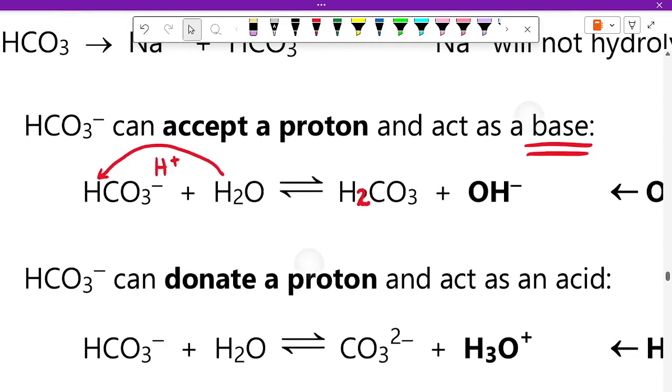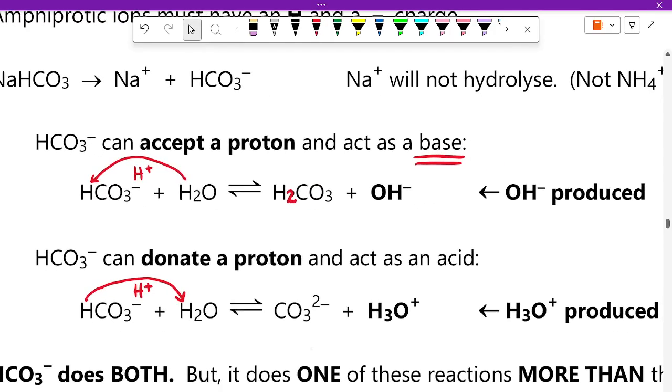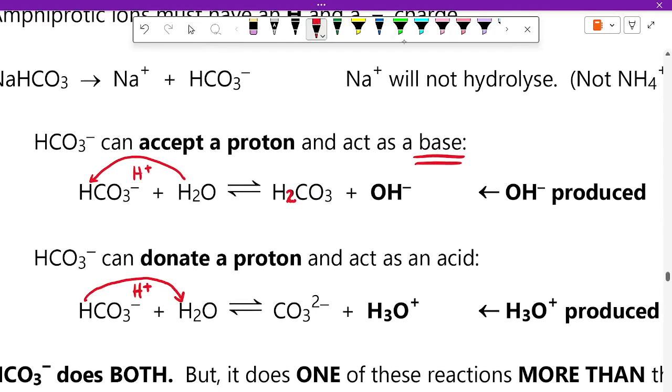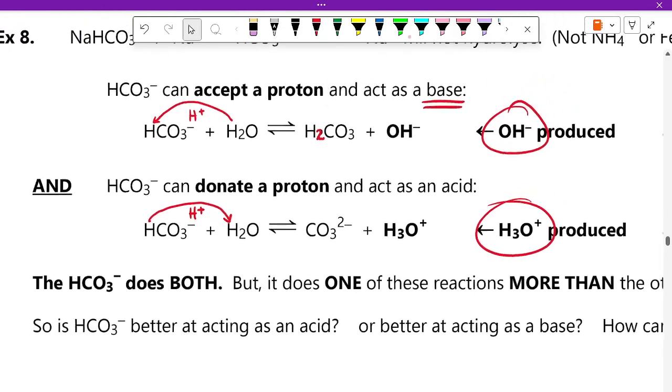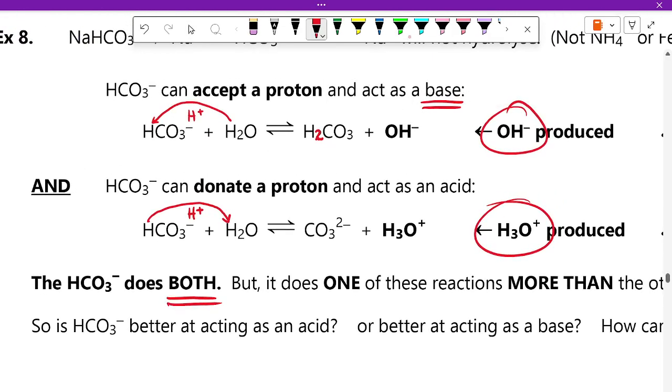HCO3- can donate a proton, and it becomes CO3 2- and H3O+. So in this case we have OH- produced, and in this case we have H3O+ produced. It does both, but it does one of them more than the other.